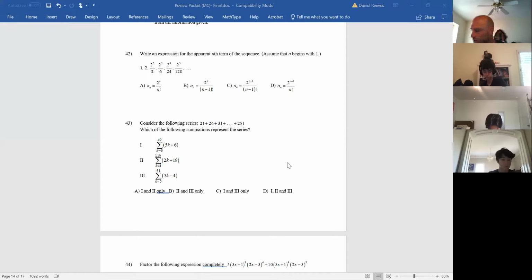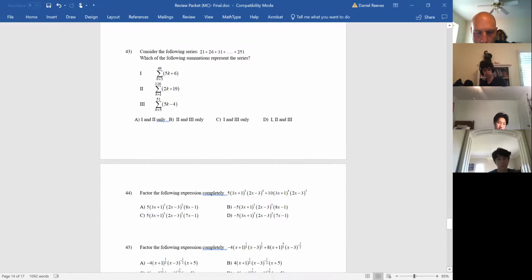Okay, so number 42, what would we say is going on there? Finding the nth term. All right, and I'm going to write the topic as sequences. In 43, I'm going to write, how about sigma? And after 2 questions, it looks like we're off that topic.